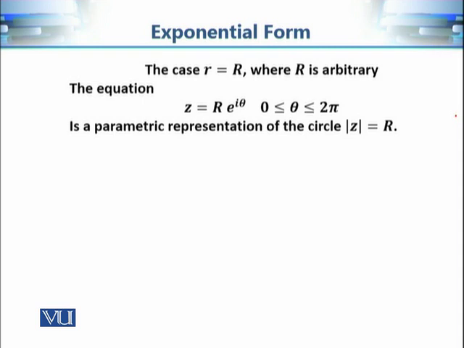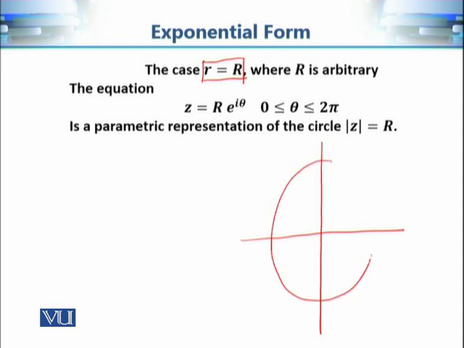Now let's go further and consider the case where the value of r is any positive real number. In this case, we will get complex numbers which lie on a circle of radius capital R, and the center of this circle is the origin, (0, 0).